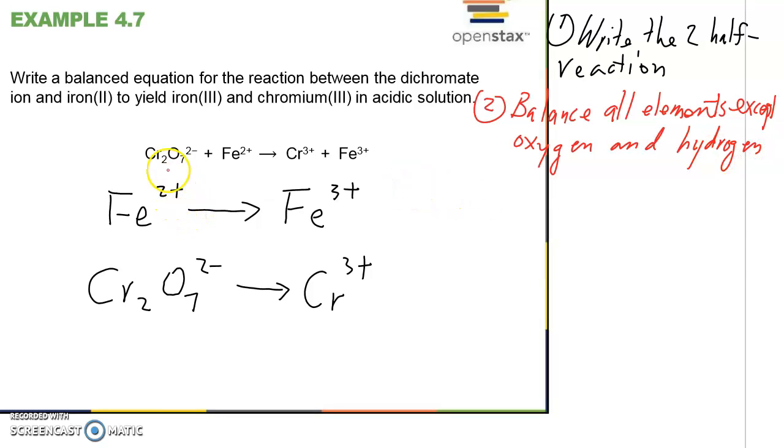What do I mean by that? Let's see. Fe, on the left side I have 1 and on the right side I have 1, so it is balanced.